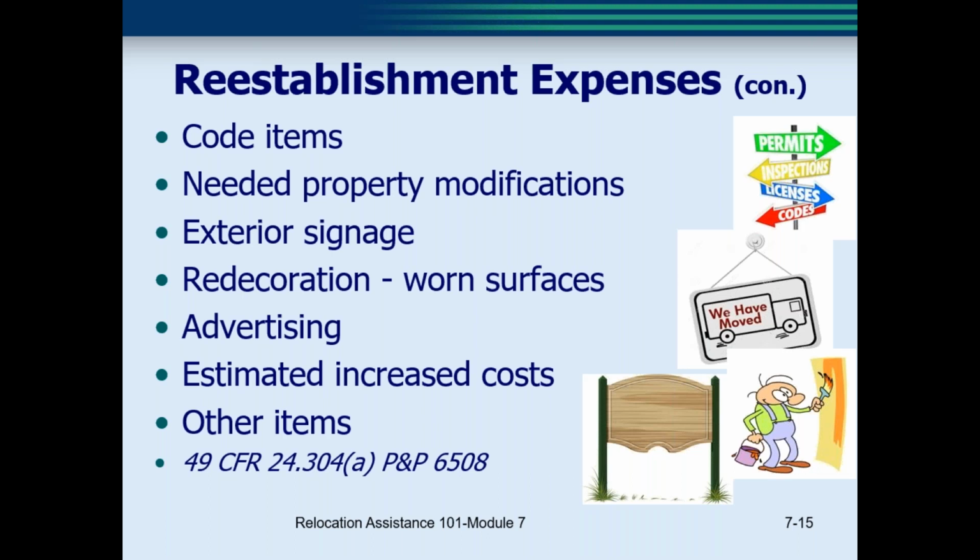Reestablishment also allows a business to replace or redecorate soiled or worn areas at the replacement location. A business owner may run an ad in the newspaper or choose a radio station or television advertising to advertise their new location. That's going to fall under reestablishment.